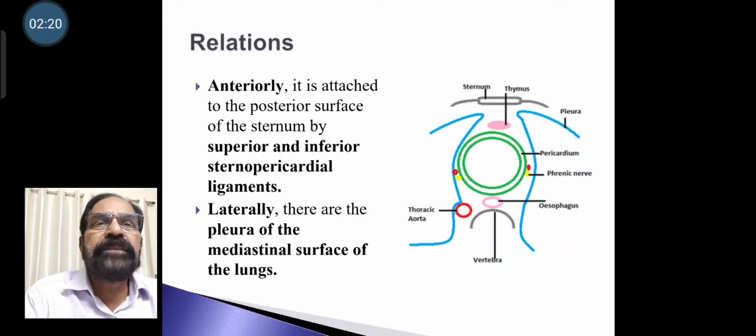Pericardium relations. Anteriorly, as you can see in the picture, it is attached to the posterior surface of sternum by superior and inferior sternopericardial ligaments. Laterally, there are the pleura of the mediastinal surfaces of lungs.